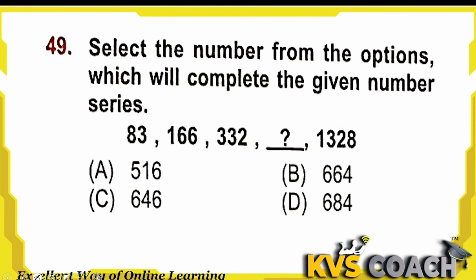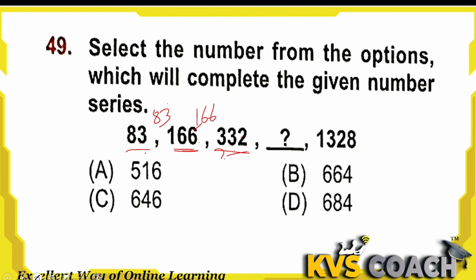Next is, select the number from the options which will complete the given number series. So let's check what the number will be here. 83, 166, 332. The difference between 83 and 166 is 83, and between 166 and 332 the difference is 166. 83 plus 83 is 166, 166 plus 166 is 332.